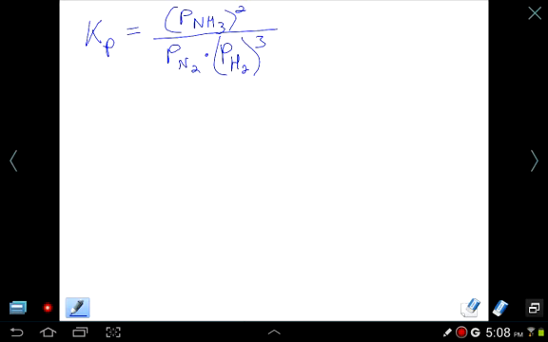So Kp is given as 1.45 times 10⁻⁵. That will equal the pressure of NH3 squared.